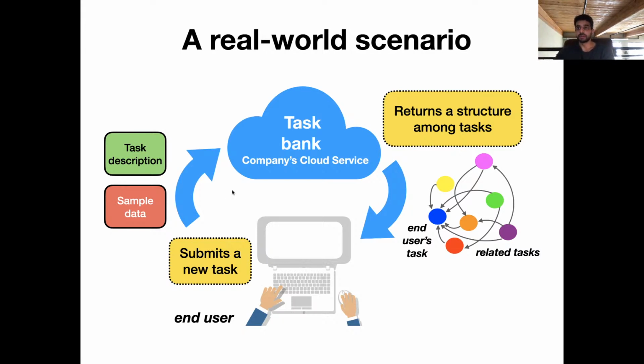And the company is responsible for training some sort of model on this data. The company can kind of leverage their existing knowledge of all of these different tasks that have already been submitted to return either a single intermediate task or a sequence that can maximize the performance on the end user's task.